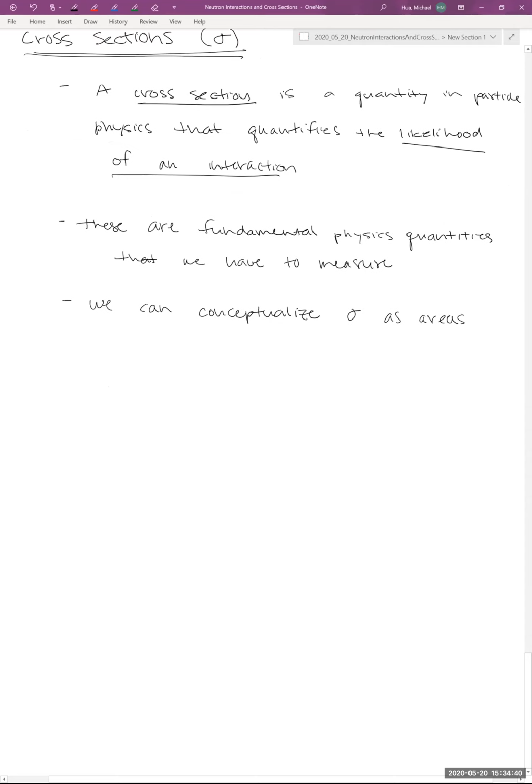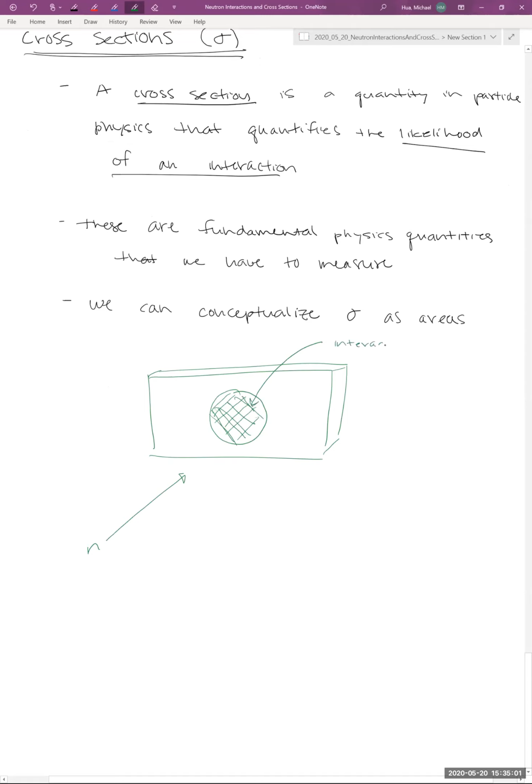So what that might look like is, if I have a neutron coming at a particle, if the neutron interacts in the shaded region, the interaction happens. And if the neutron misses, then the interaction does not occur. And the area of this region is sigma.